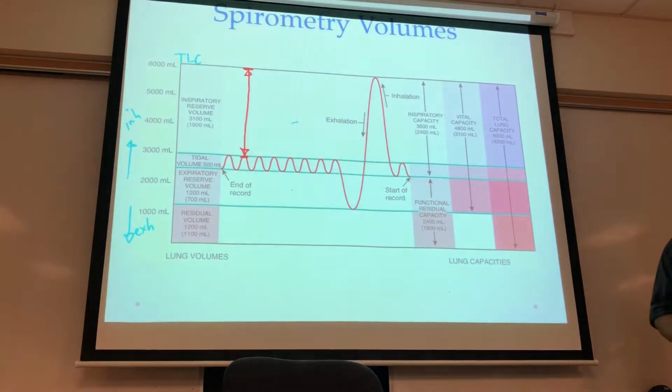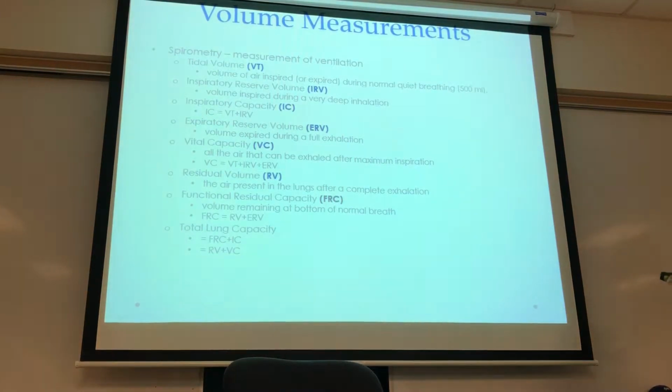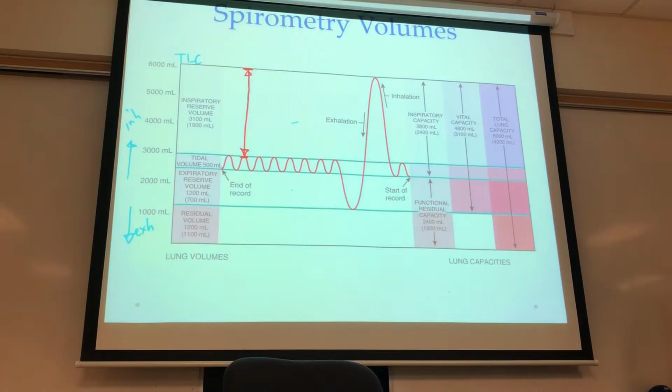Now, from the very bottom of your breath all the way up to the very top, when you're at TLC, is what is called our vital capacity, VC. And VC, which we define on the next slide over, is all the air that can be exhaled after a maximum inspiration. So the way of measuring this is to get somebody to breathe all the way in to the very top, and exhale as much as they possibly can.